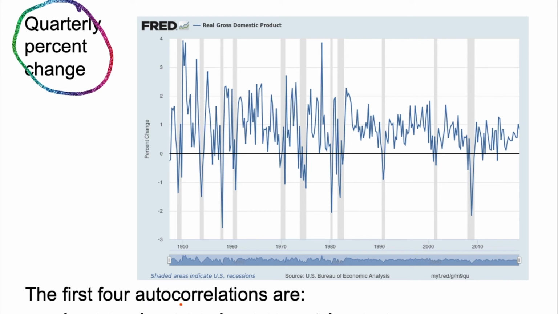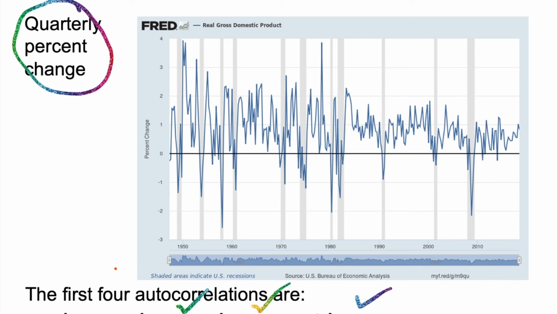The correlation between this quarter and 2 quarters ago is 0.26. The correlation between this quarter and 3 quarters ago is 0.1. The correlation between this quarter and 4 quarters ago is 0.11.